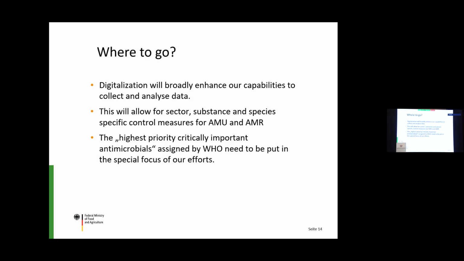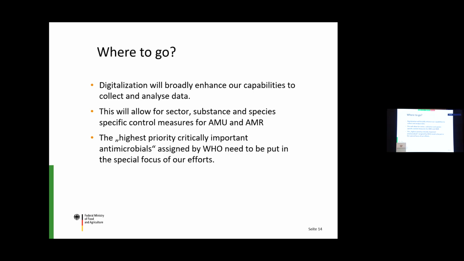Well, obviously, the digitalization at the moment will broadly widen our capacities to collect and analyze data. So we are hopeful that we will get more insight into the interaction and necessary specific control measures for AMU and AMR.